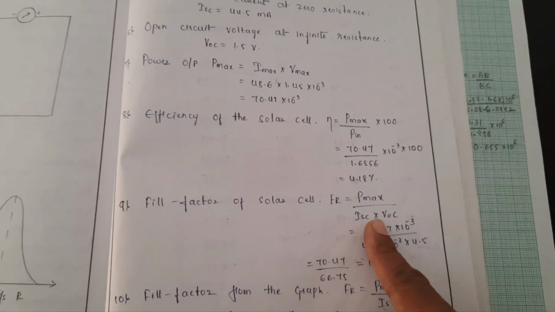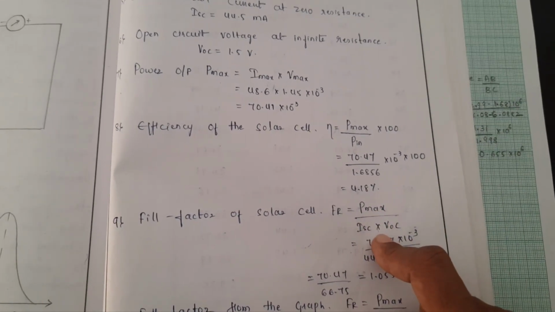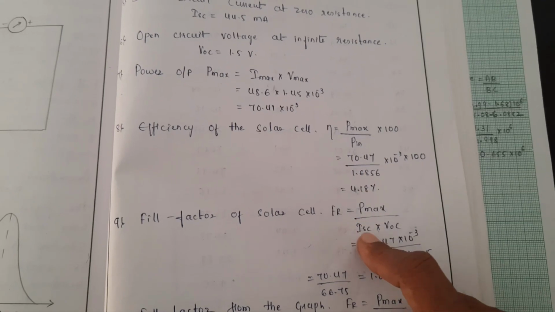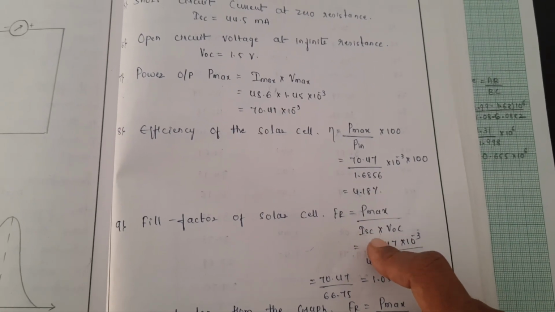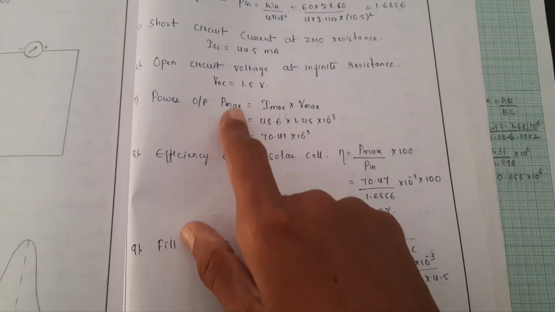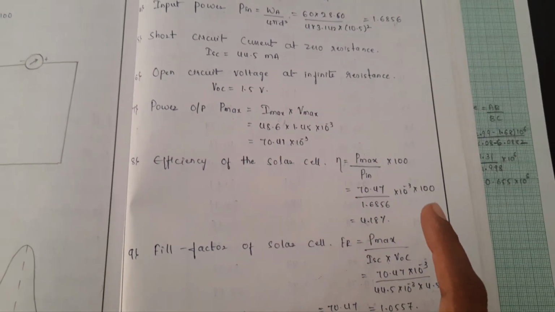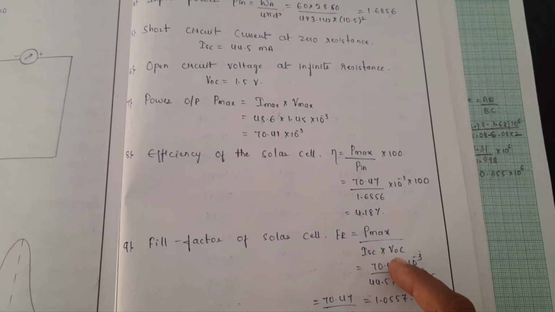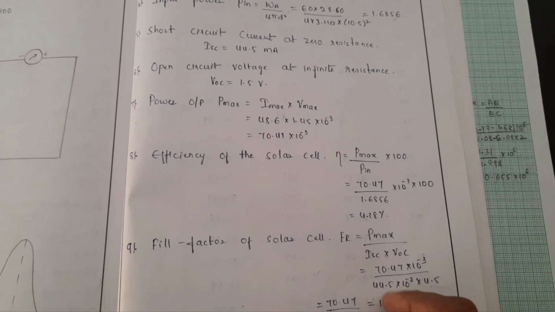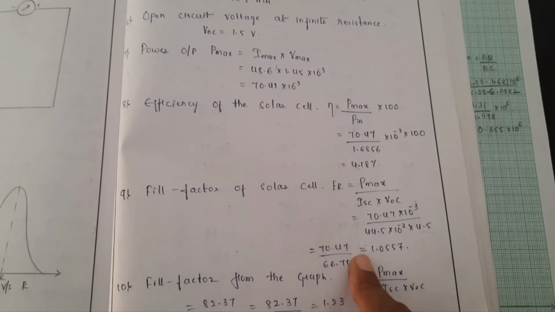Then fill factor. Once you calculate the maximum power you can also calculate fill factor, and here you require the short circuit current, that is about 44.5 milliampere, and the open circuit voltage you have to substitute, then you will get the fill factor.